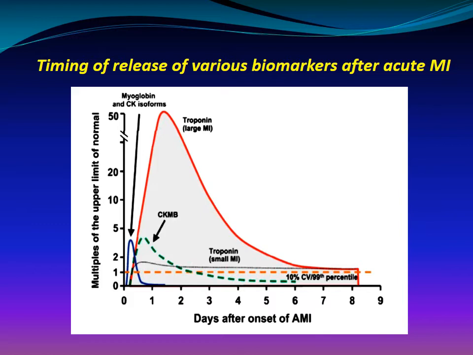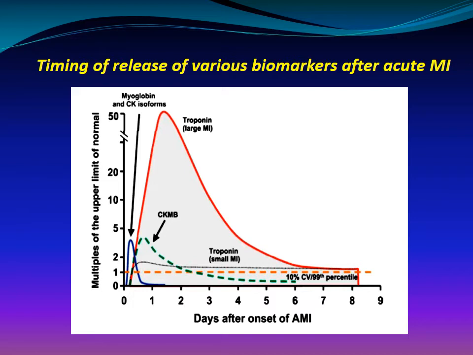The CK-MB dashed curve rises to a peak of 2 to 5 times the upper limit of normal and typically returns to the normal range within 2 to 3 days after acute myocardial infarction.